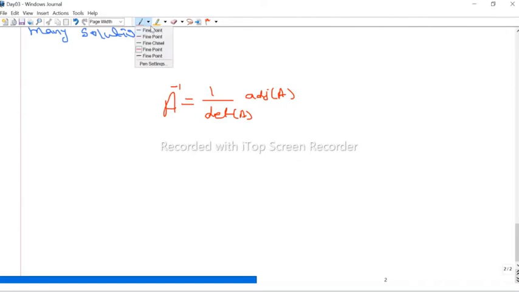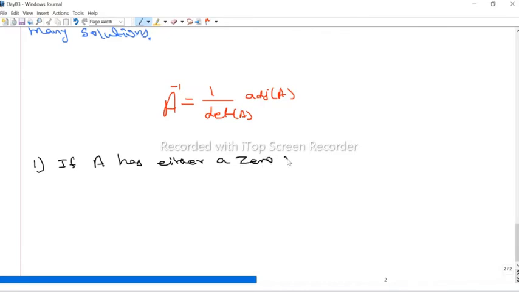So the first property of determinant: if a square matrix A has either a zero row, or two identical rows, then the determinant of the matrix is zero.